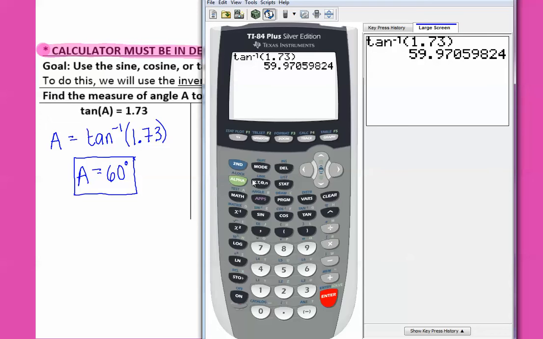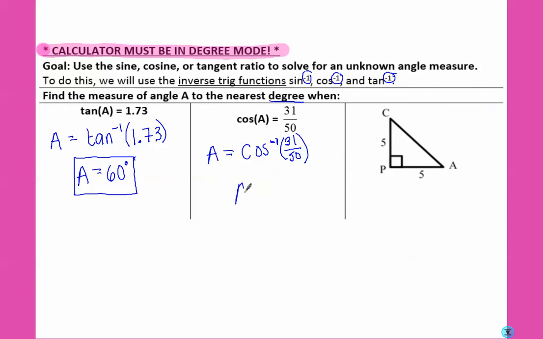On our calculator, cosine inverse is above cosine, so second cosine 31 over 50. For rounding to the nearest whole number, the 6 would make the 1 round up, so it would be 52 degrees.